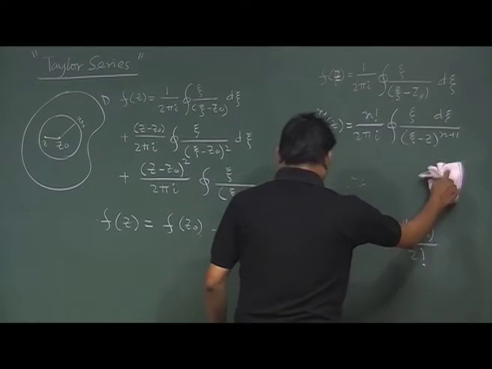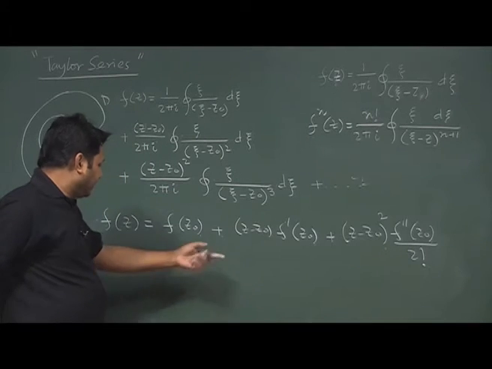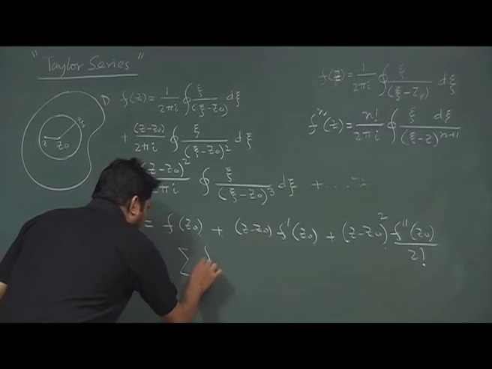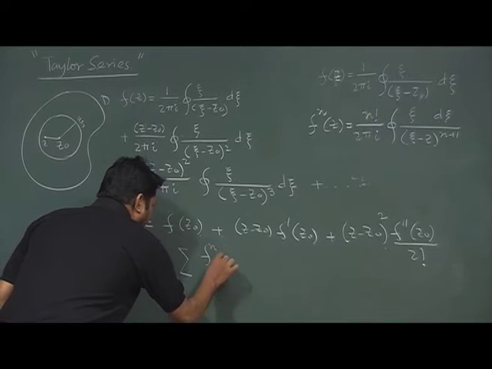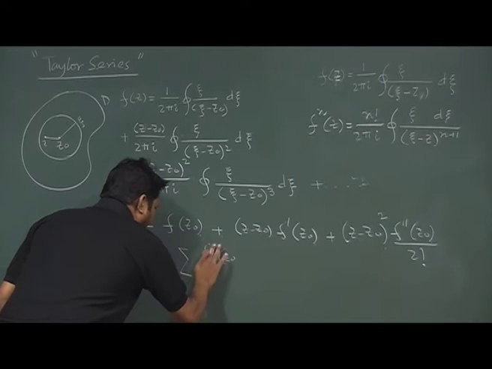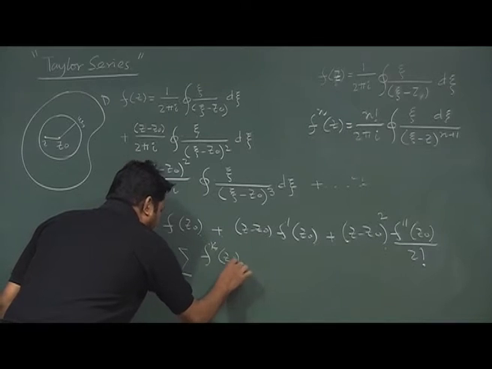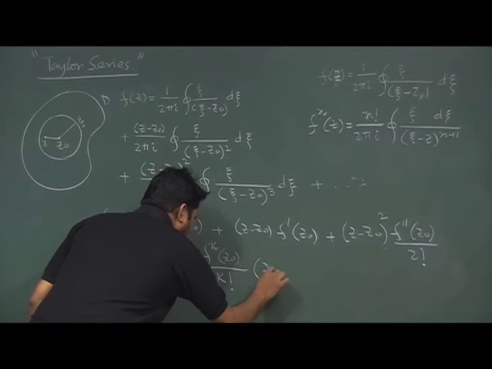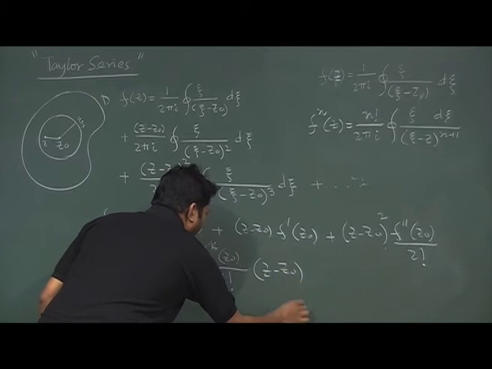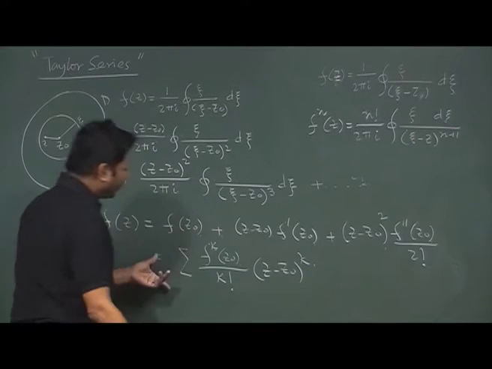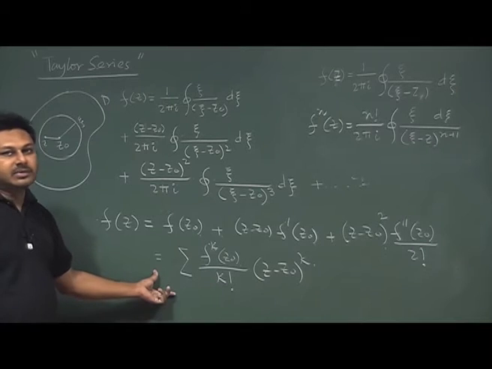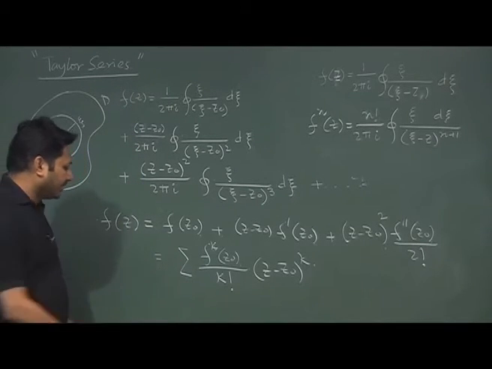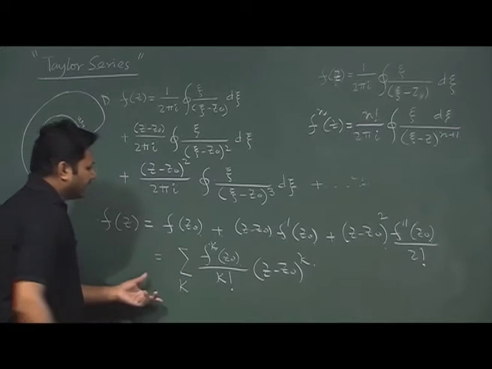So if I go on with this, I will eventually have this quantity: kth order derivative at z0 divided by factorial k, (z minus z0) whole to the power k, which is nothing but the Taylor series expansion, the first expression that I have written.